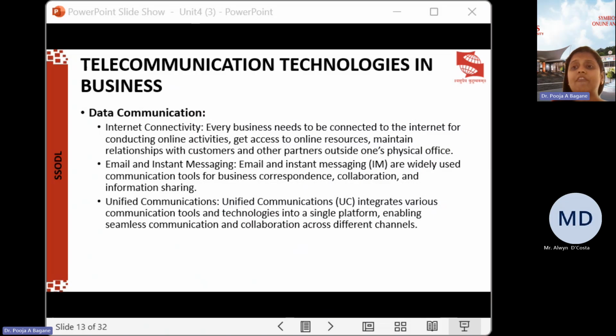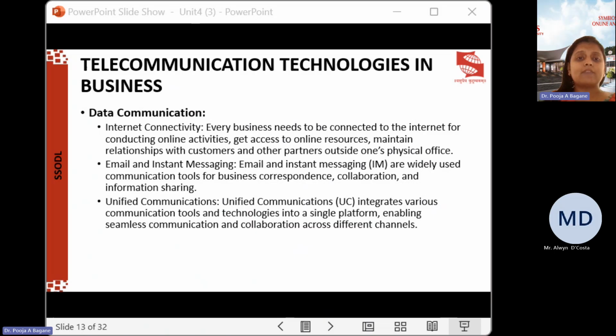They are widely used communication tools for business correspondence, collaboration, and information sharing. Email allows users to send and receive messages containing text, attachments, and multimedia content. Businesses use email for internal communication, external correspondence with customers and partners, and marketing campaigns.